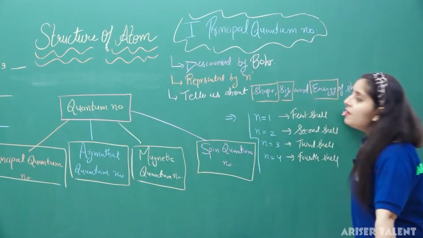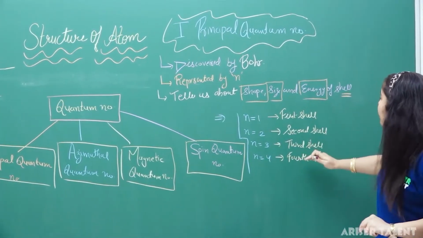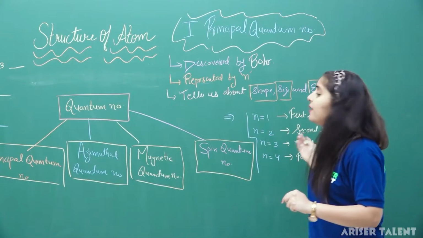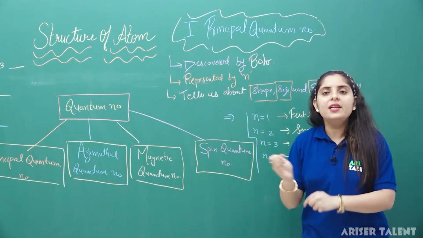So we can write it in the number form, that is first shell, second shell and n equal to 3 is the third shell and so on.